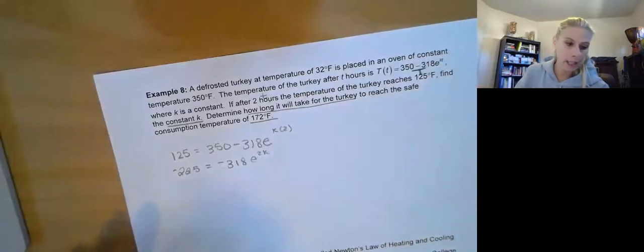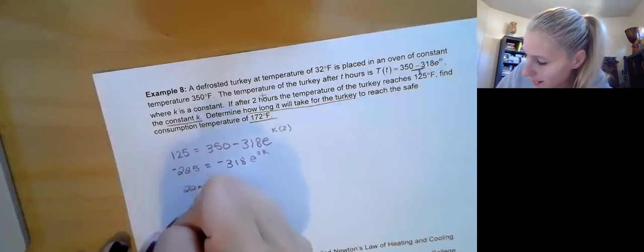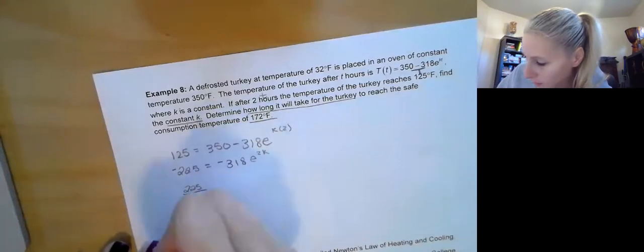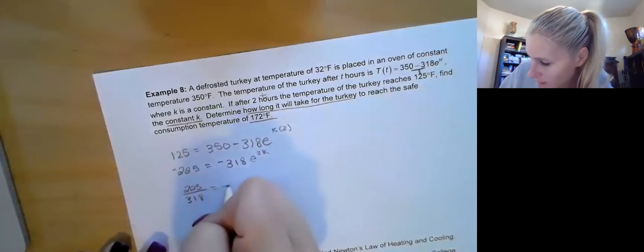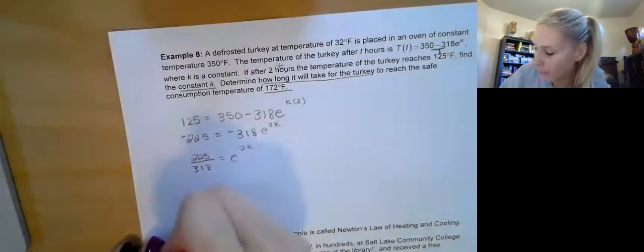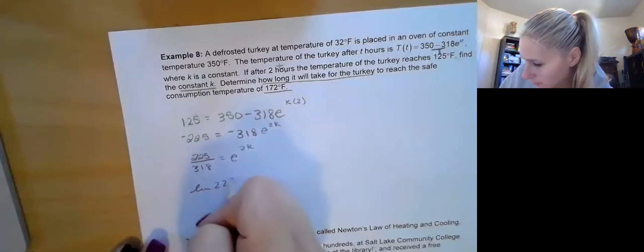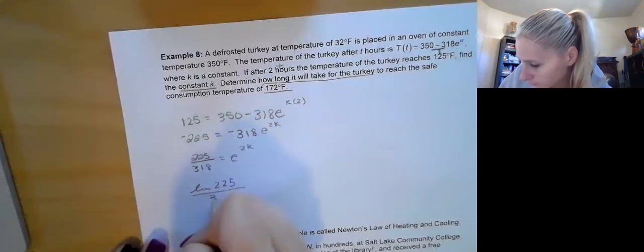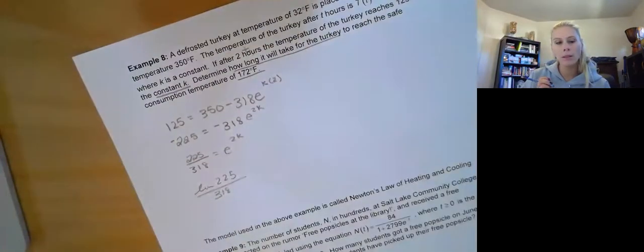Now I have to divide both sides by negative 318. Again, I am not going to estimate or do any calculations until the last minute. Okay, how do you get rid of an e, guys? We ln both sides. Hey, do you guys see what I made a mistake here? Because it's not ln 225 divided by 318.